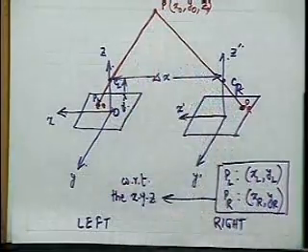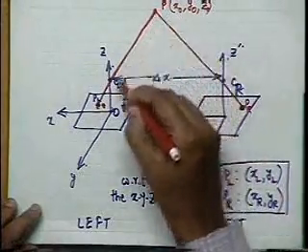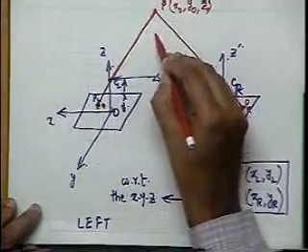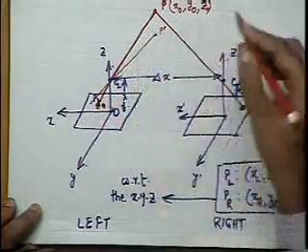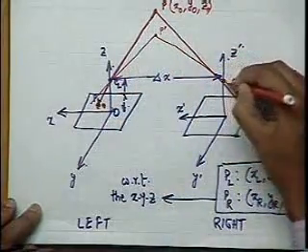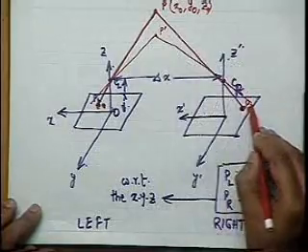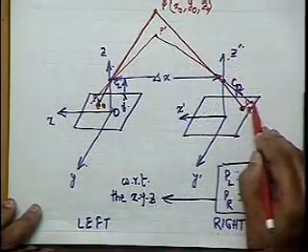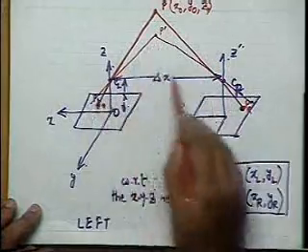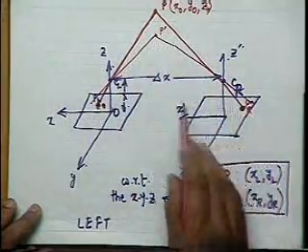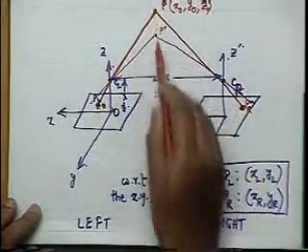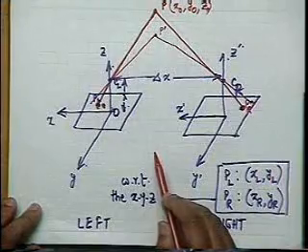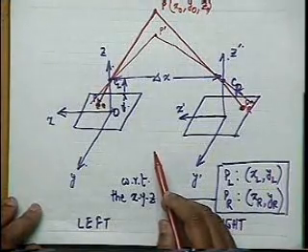Just see, the ray which comes from point P to this point and the ray which comes from some other point, let's say P prime, will intersect the second view at some other point. So obviously there is a relative shift. Always there is a relative shift with respect to the depth of the point in three-dimensional space, because the two viewing positions are different.